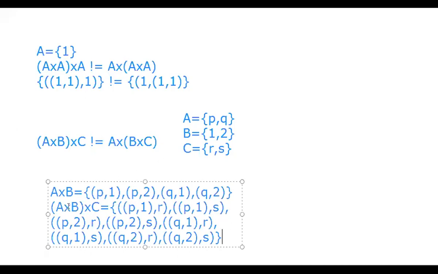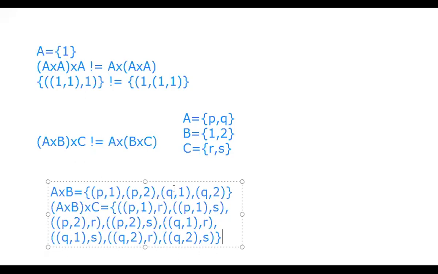Then I took the cross product of A cross B with C. I took the first element of A cross B, that is P1, and paired it with C's first element R, so the first element is P1R. The second is P1S. Then P2 paired with R and S gives P2R, P2S.